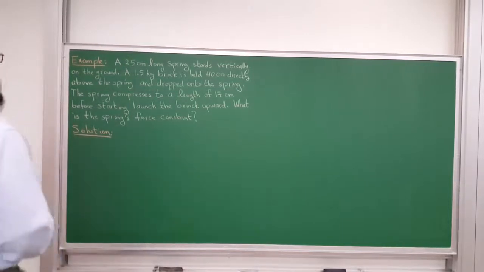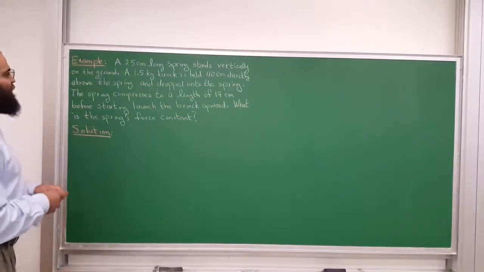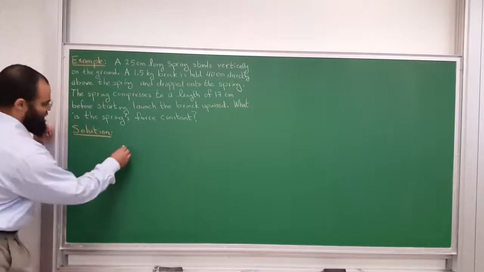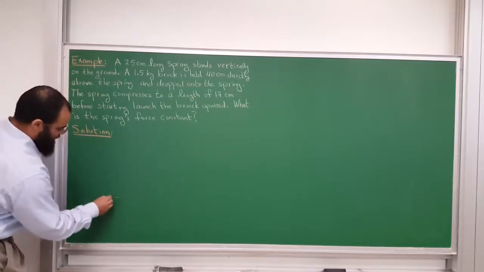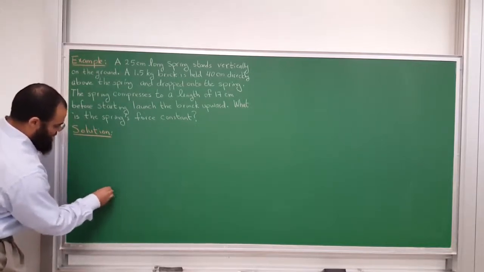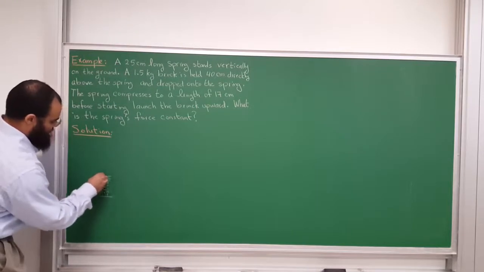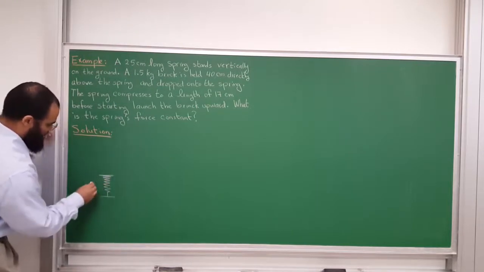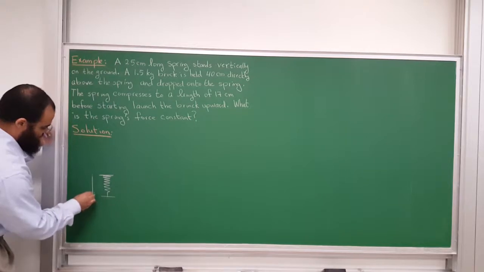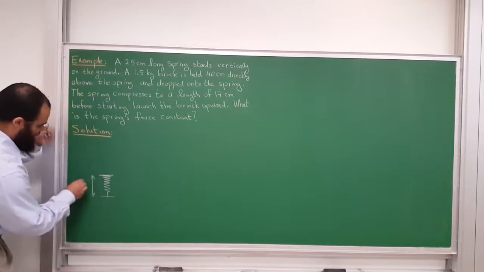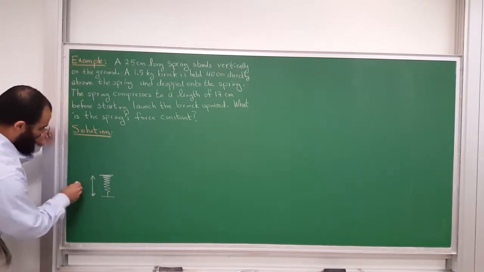So here we have a 25 centimeter long spring. Let's draw something here. Here is the floor, and here is the spring, and this is 25 centimeters, or let me write it as 0.25 meters.